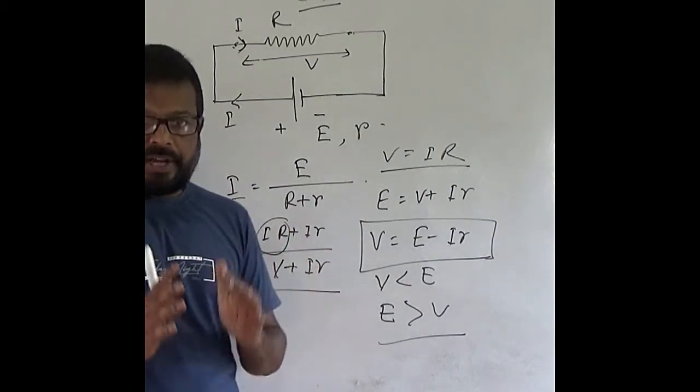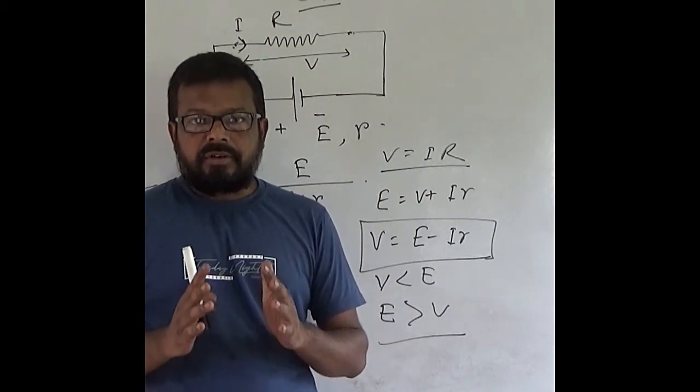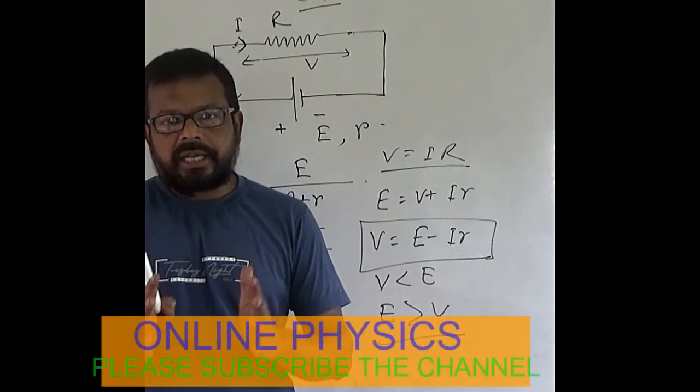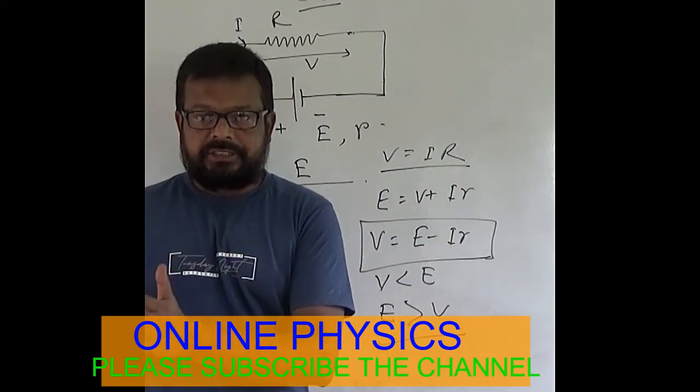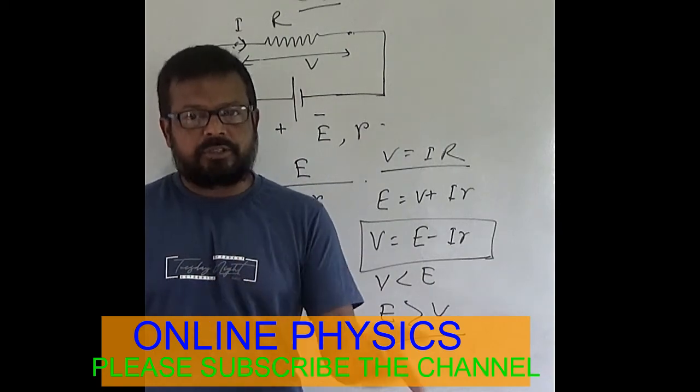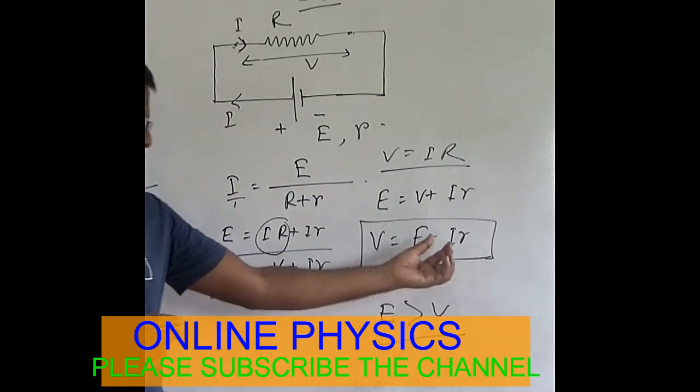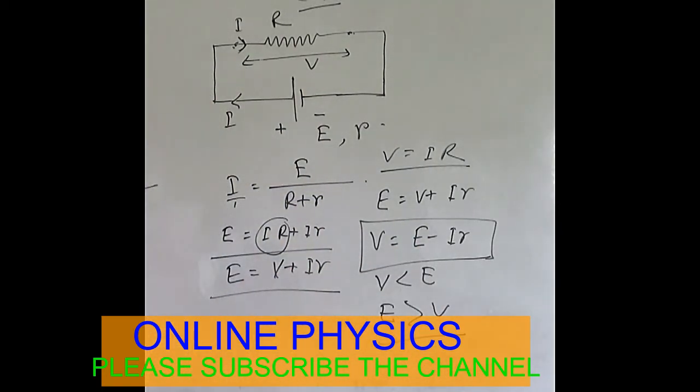This is expended for the current through the electrolyte. But we cannot use this voltage. That's why we are saying this is lost, right? This is the lost volt. Ir is called the lost volt, or it is also called internal potential difference, which cannot be used in the external circuit.